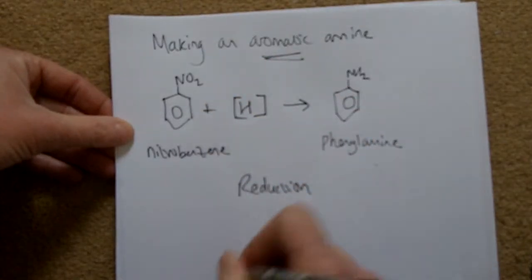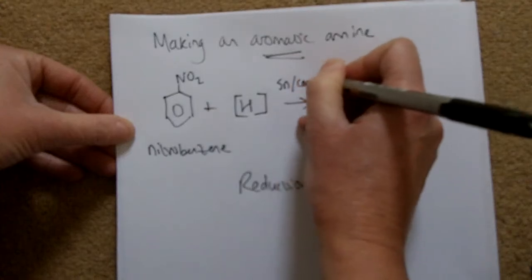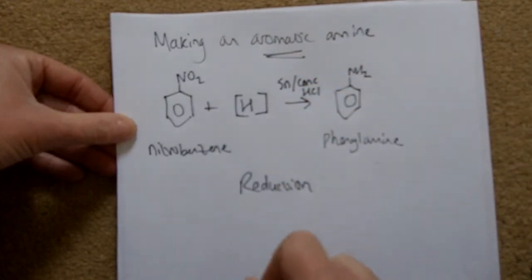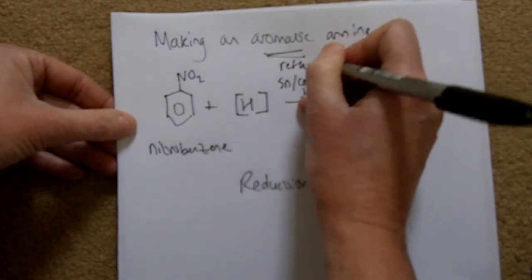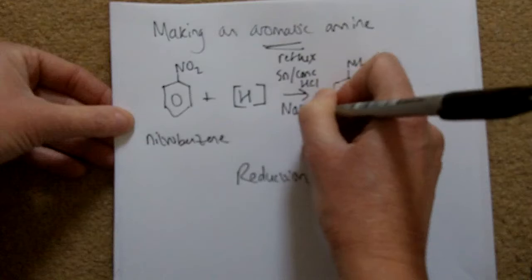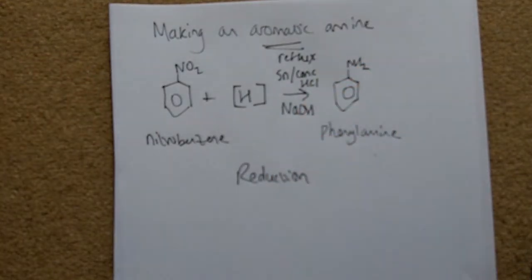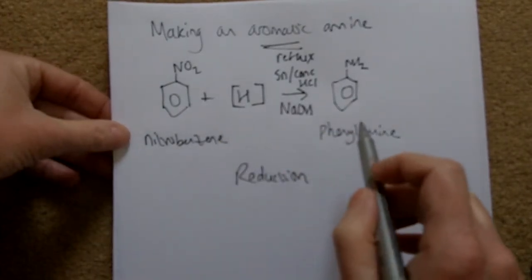The reducing agent is tin and concentrated HCl. You need both of those as the reducing agent. You'd also reflux it as well. And then you would also add excess sodium hydroxide in order to get rid of the salt and get the amine. Okay, so what do you think the other products are?